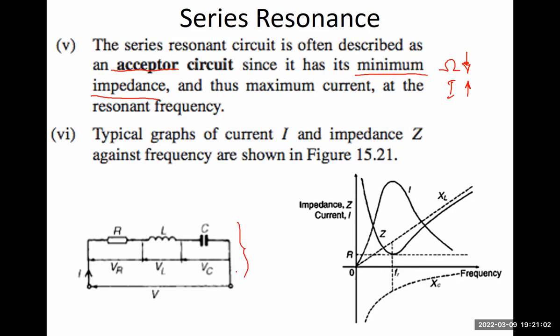So, this is our circuit, series RLC. R is our resistance, L is for our inductor, and C is for our capacitance.